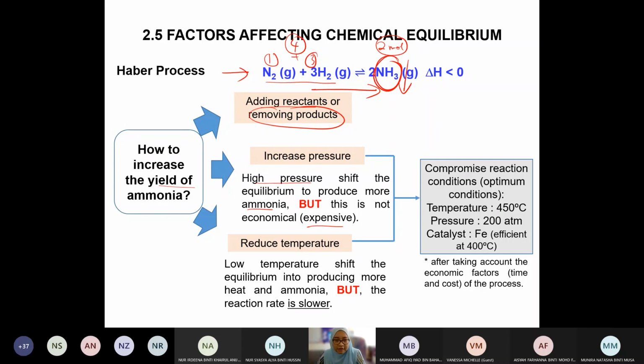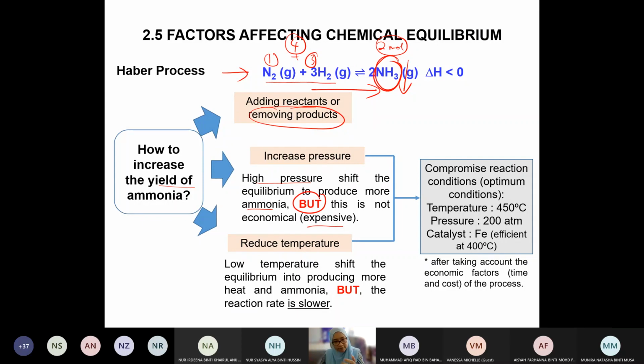Indeed we want the product to be high, but at the same time we do not want to spend more, and it is also dangerous when we are dealing with high pressure. So this is something we have to consider. It is not just about wanting lots of product, we have to compensate.